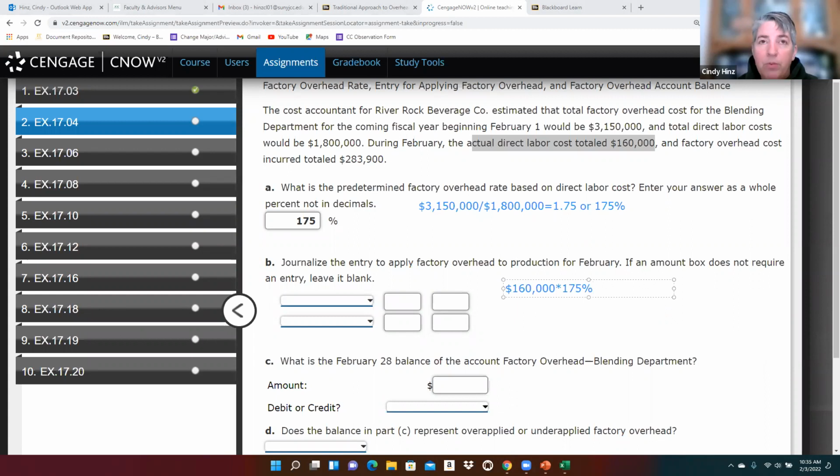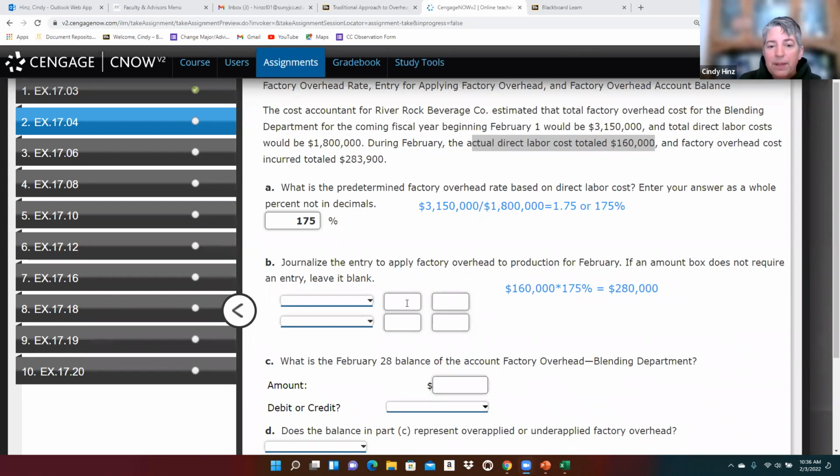If your calculator doesn't have a percent sign, I'm just going to use the decimal. And the dollar amount that I found was $280,000.